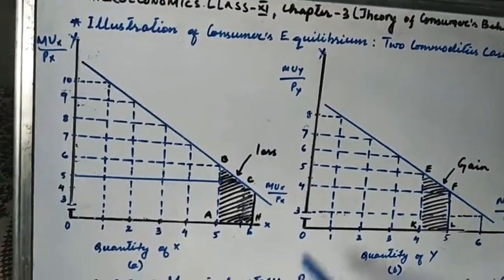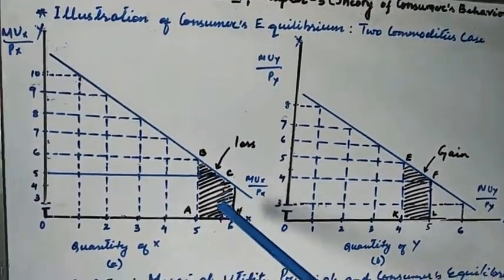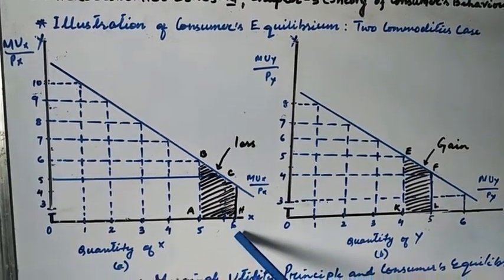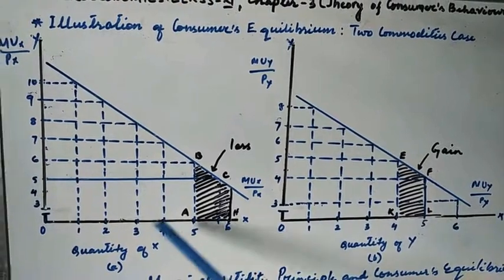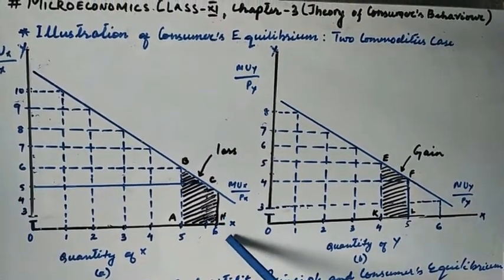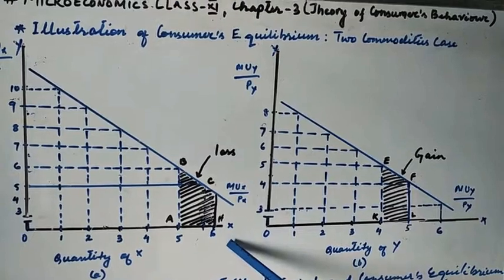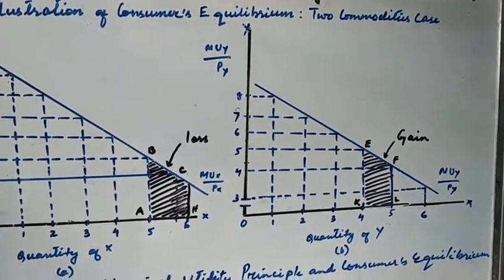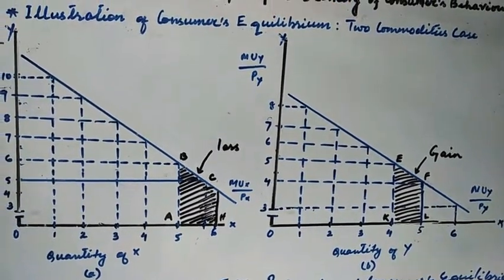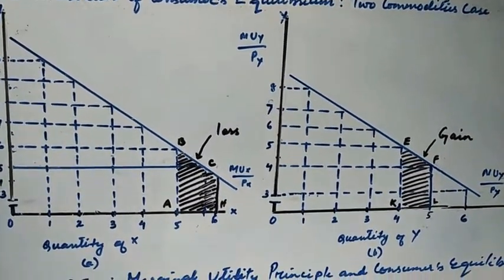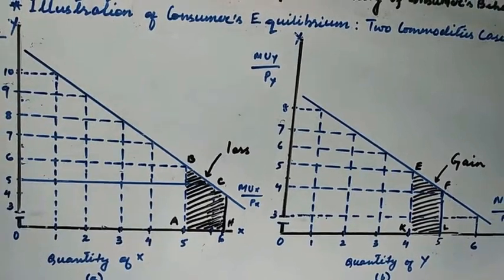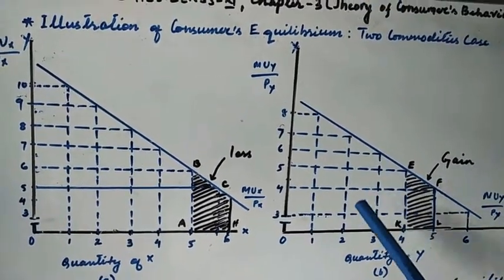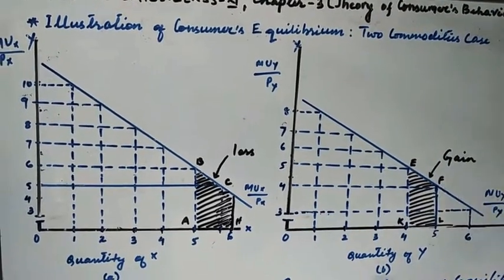So when we see the diagram, when a consumer is buying 6 units of good X, that is OH, and 4 units of good Y, that is OK, the consumer is in equilibrium, and we have the situation of MUX/PX equals MUY/PY equals MUM. So that is the equilibrium position.